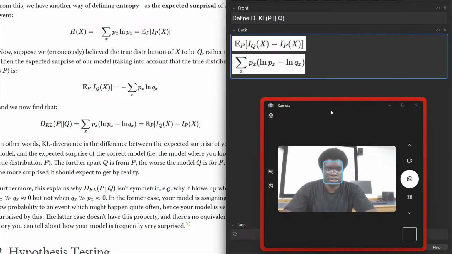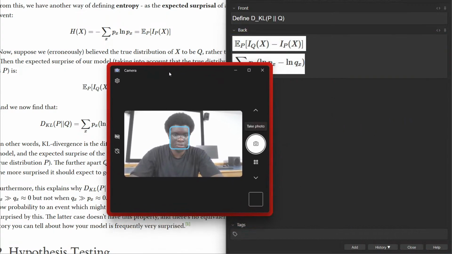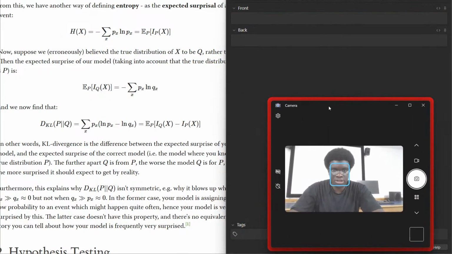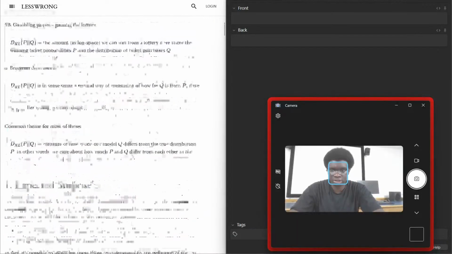So expectation under P of IQ of x minus IP of x, which is the same thing as the sum over x of P of x times logarithm of P of x minus logarithm of Q of x. Okay, right. Add. And then some of the intuitions I will also flashcard.